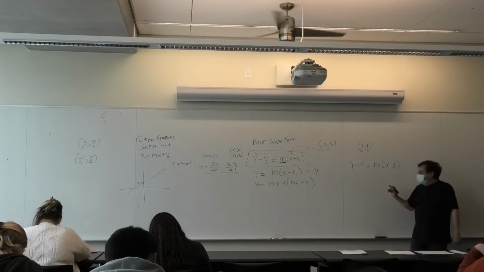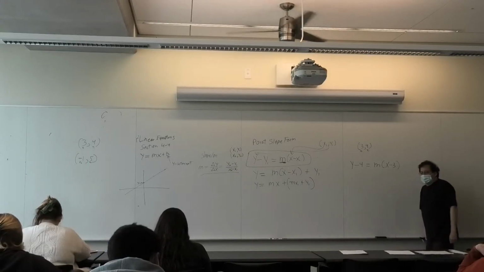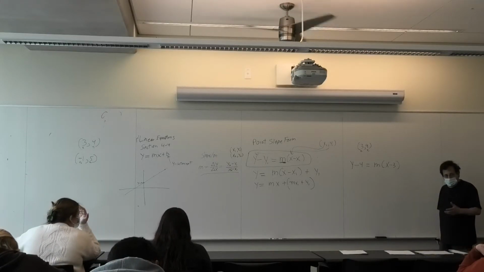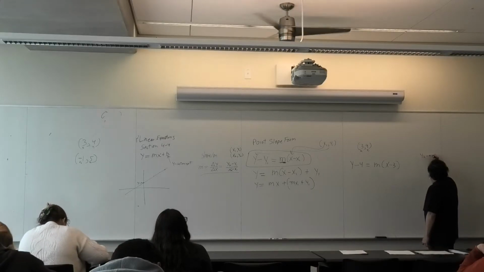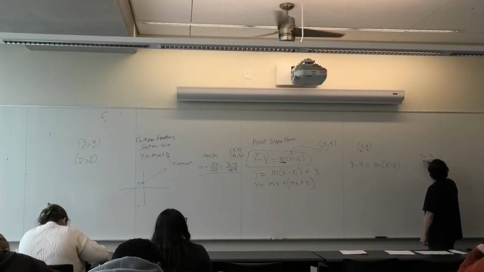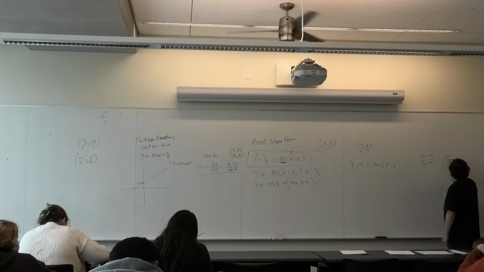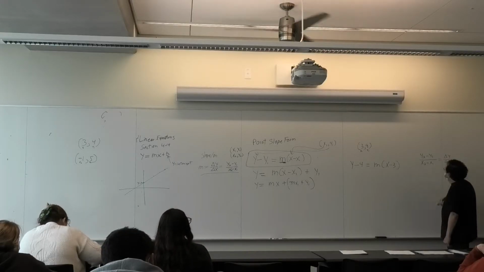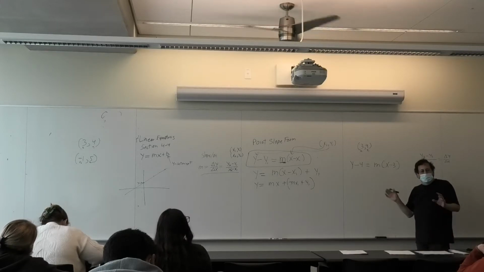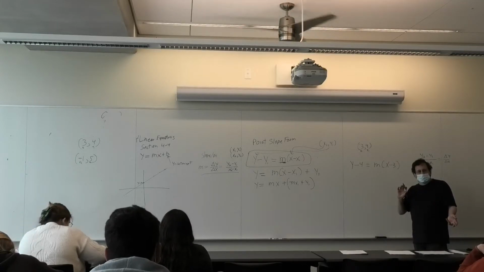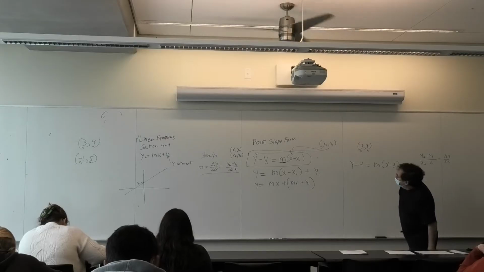There's only one piece missing, which is what's m? Well, to get m, use the formula for m, which is y2 minus y1 over x2 minus x1. That's my delta y over delta x. At this point, it actually doesn't matter which one I choose to be 2 or 1, but let me choose the first one as 2.